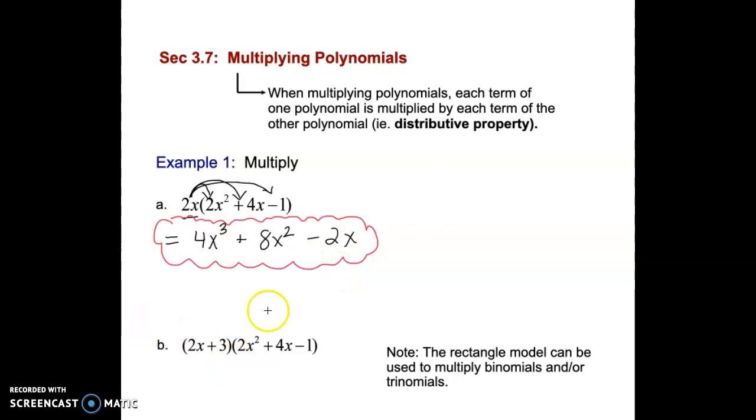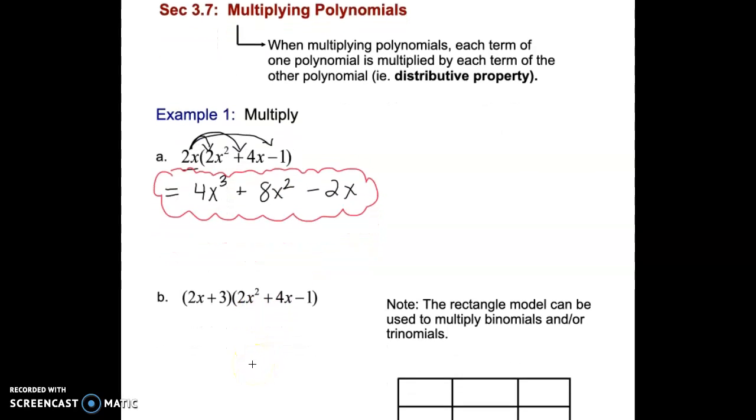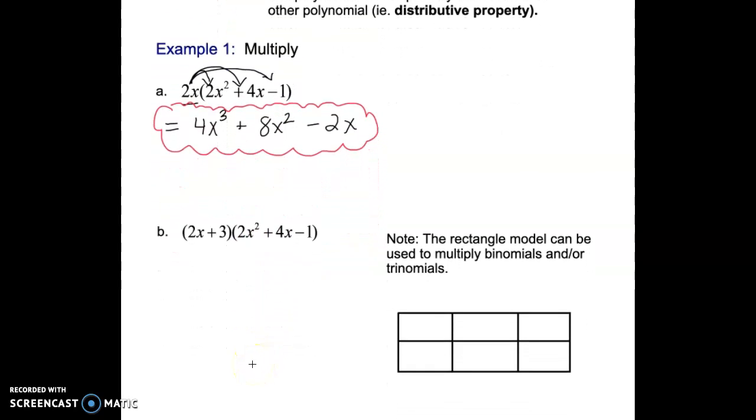In B here, we have a different scenario. Instead of a monomial by a trinomial, we have a binomial multiplied by a trinomial. But we're going to use the exact same idea of the distributive property to get the answer.